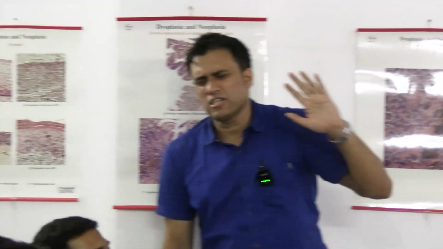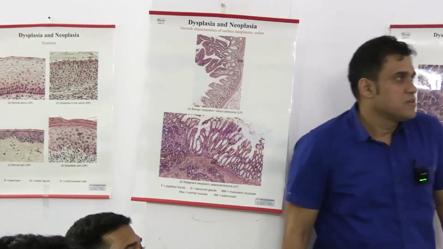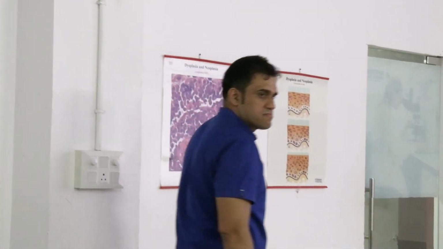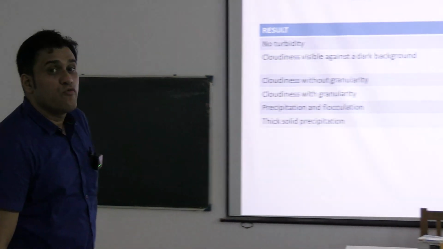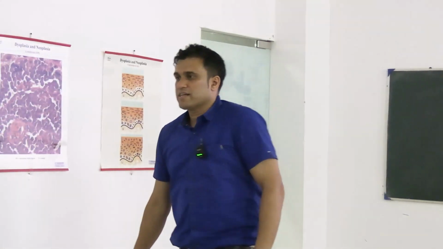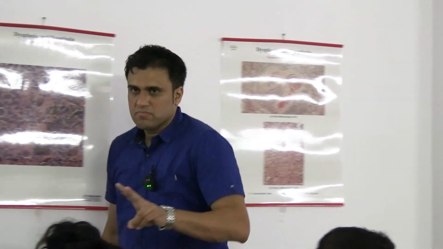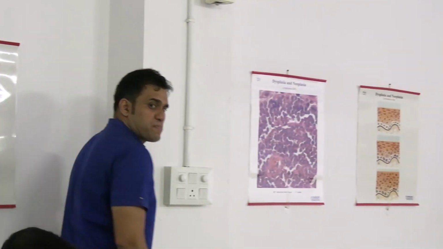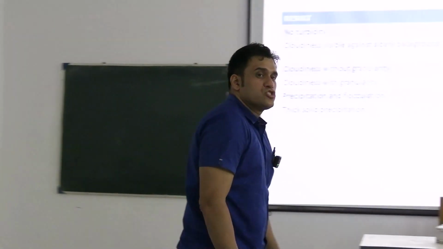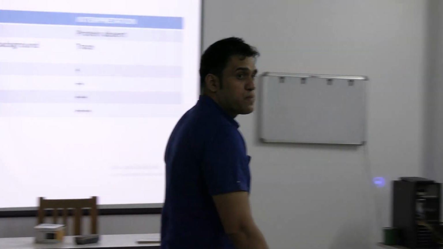You have to look at it this way. Cloudiness without granularity is 1 plus, cloudiness with granularity is 2 plus, precipitation and flocculation is 3 plus, and thick solid precipitation is 4 plus.